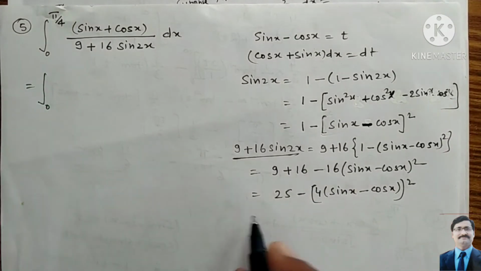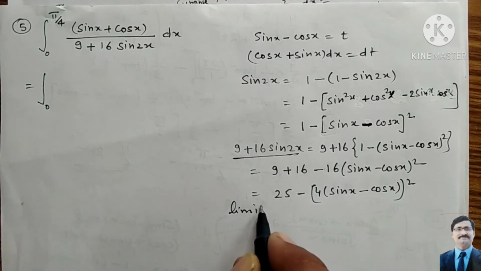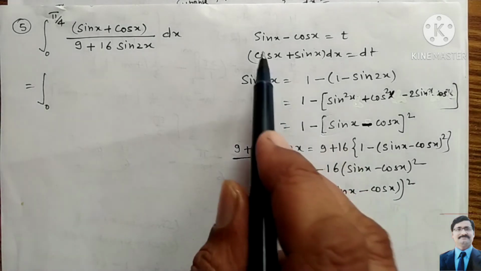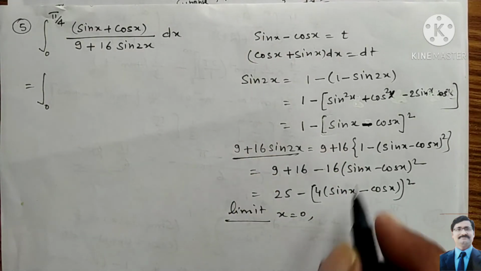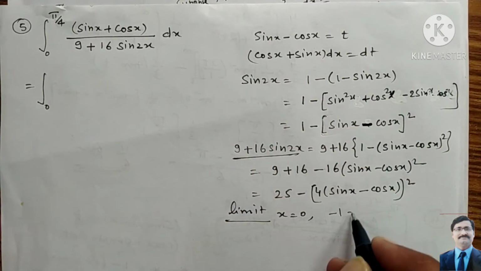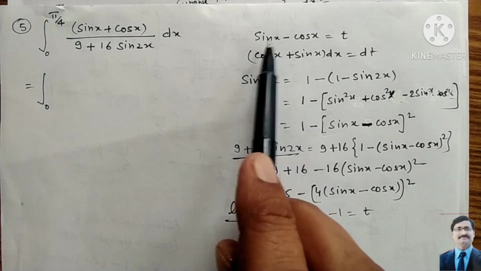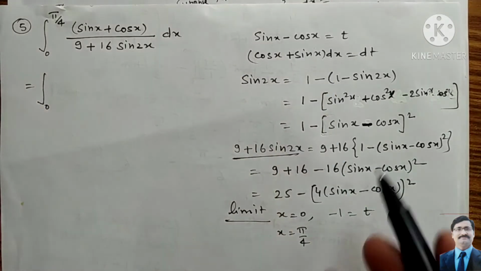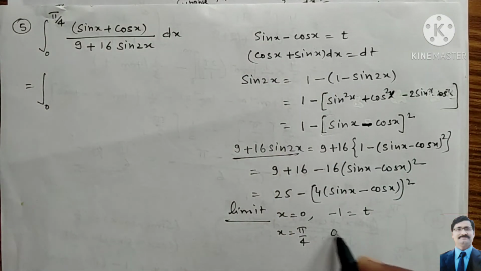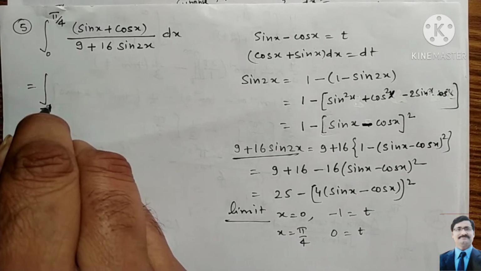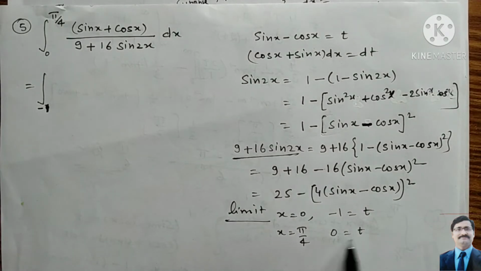The limits also we have to change. If we put x equal to 0, sin 0 is 0 and cos 0 is 1, so −1 equals t. And if we put x equal to π/4, we know sin π/4 and cos π/4 are equal, so t equals 0.